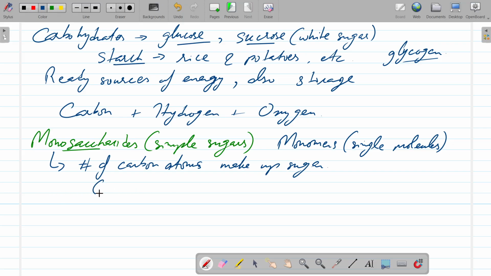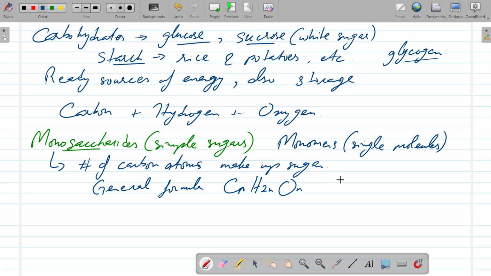The general formula for monosaccharides is CnH2nOn. So however many carbon atoms you have in the molecule, you're going to have double the number of hydrogen and the same number of oxygen.